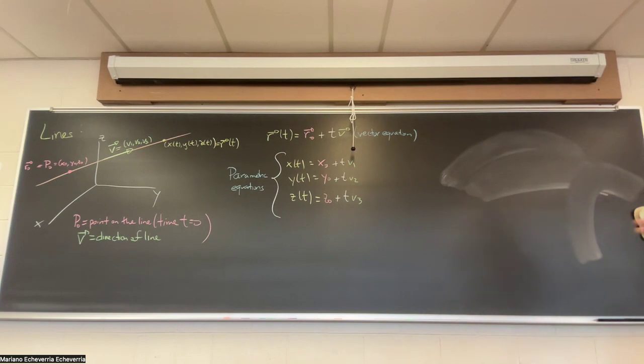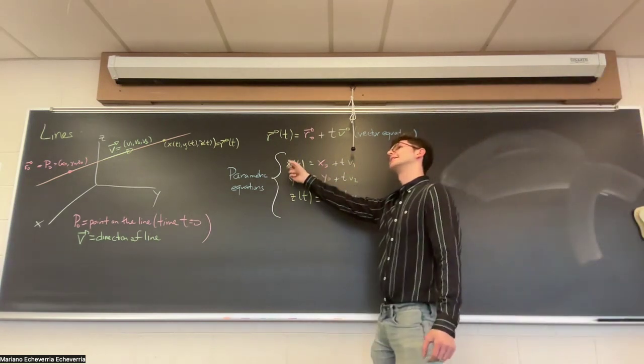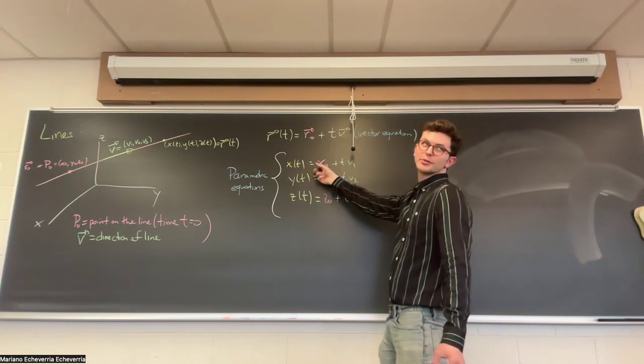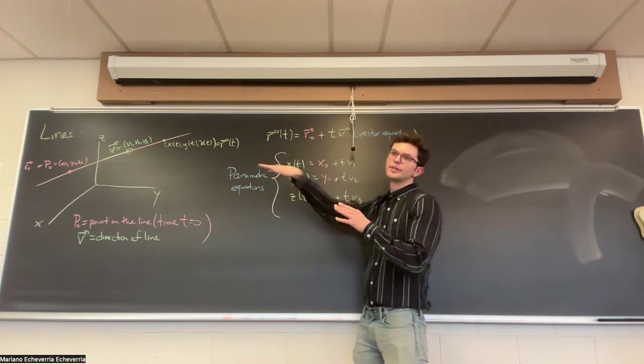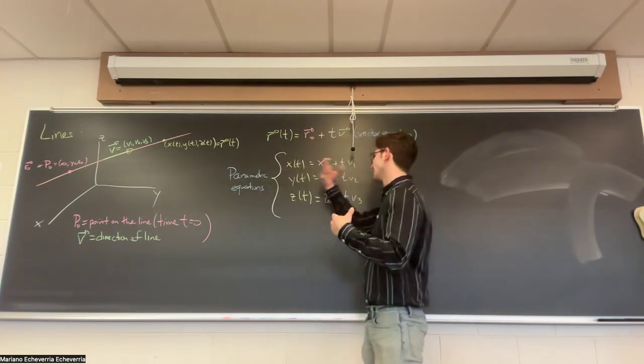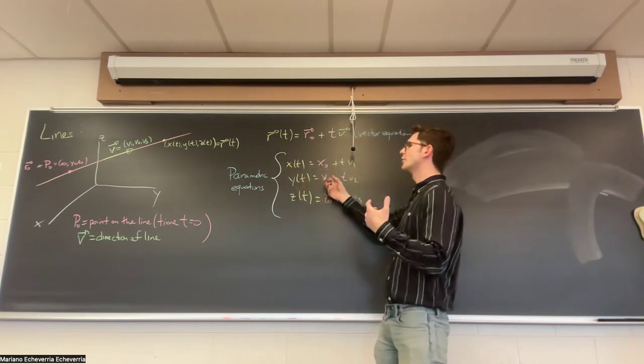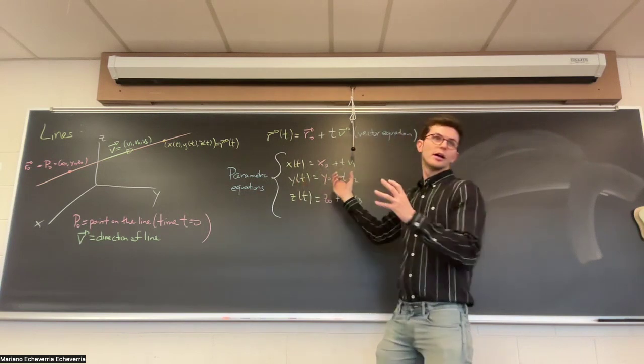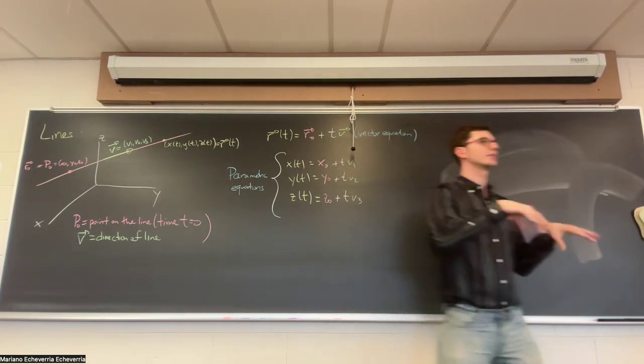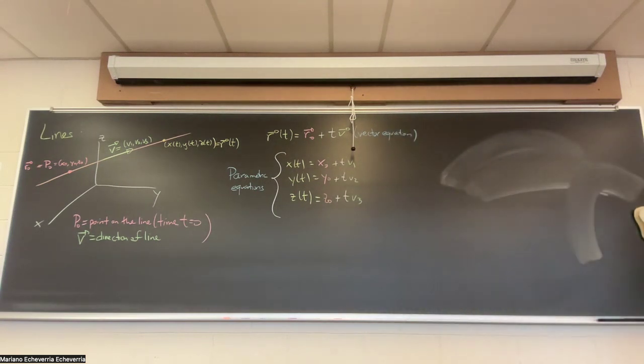That's just saying the x coordinate at time t is the initial x coordinate plus how much you move in the x direction. The y coordinate at time t is the initial y coordinate plus how much you move in the y direction, and the same goes for z.